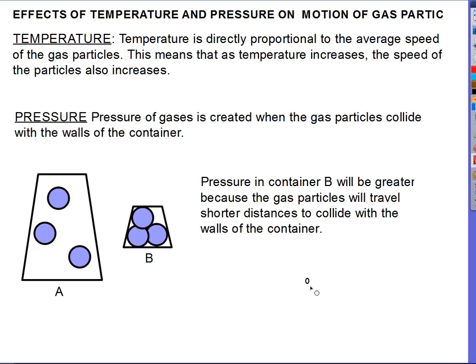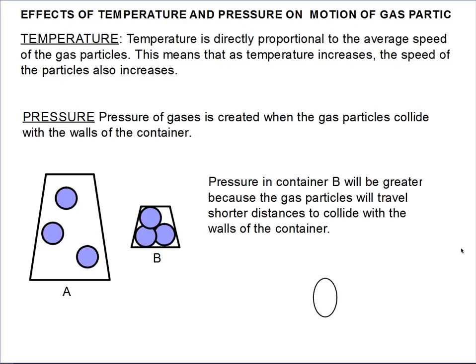Temperature is directly proportional to the average speed of matter. As you give it more heat, the vibrations become higher. As you take away heat, as you cool the substance, the vibrations go down.